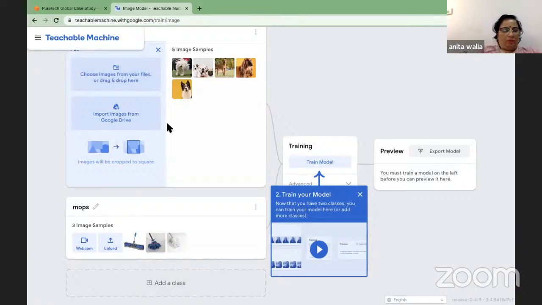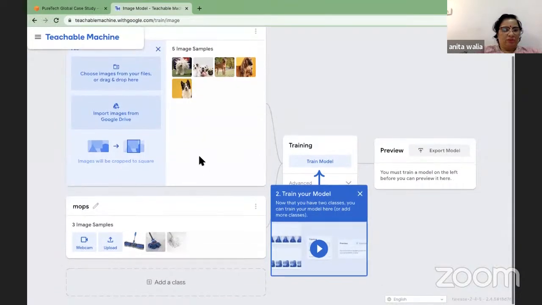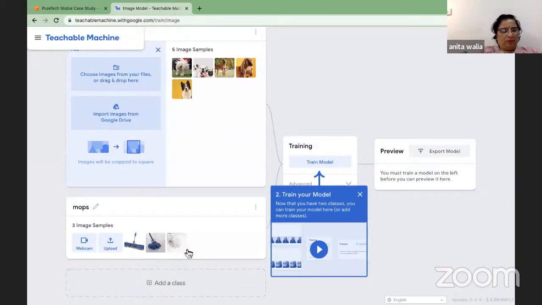Right. I have uploaded the sets, 2 sets. One data set is dogs, 5 image samples. Here I've uploaded, but this will not be accurate because I have not uploaded all the photos. It depends on your data set, how well you have uploaded or stored your data.